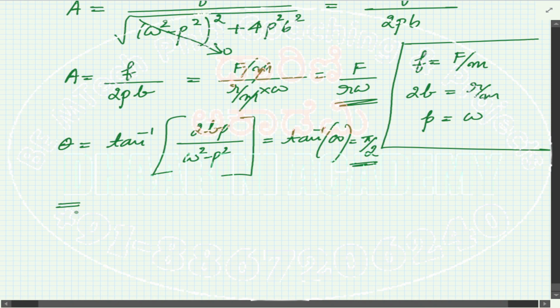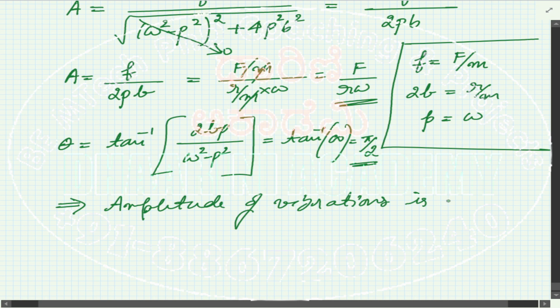In this condition, we say that the amplitude of vibrations is a maximum. This particular situation is called resonance.